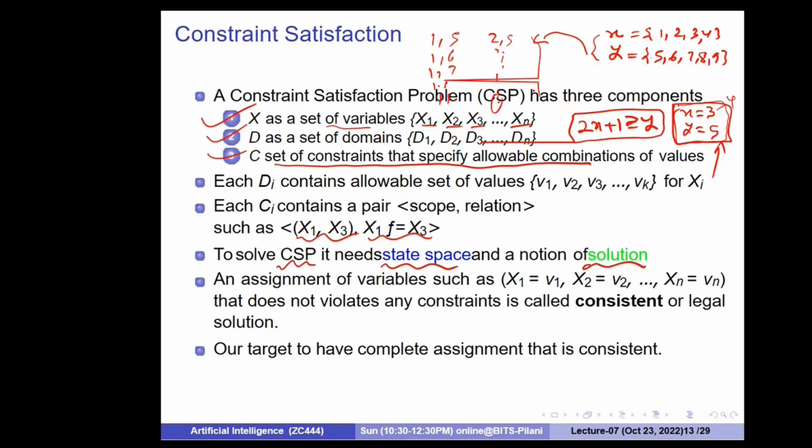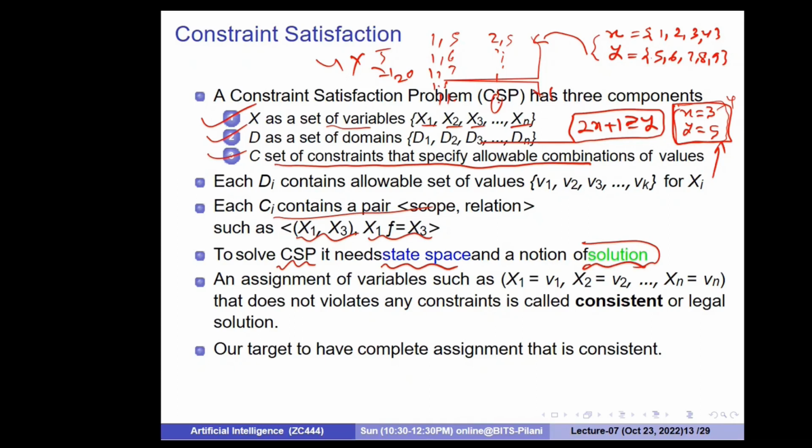I can create so many states. How many states? 1, 2, 3, 4 multiplied by 1, 2, 3, 4, 5. 20 different states I can create. For each of these states, I see whether they satisfy the constraints or not, and by this I can tell which is the solution.